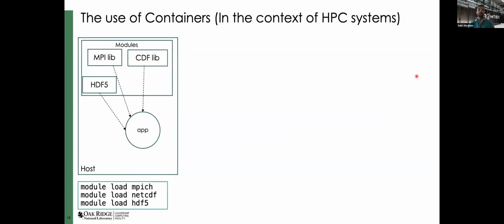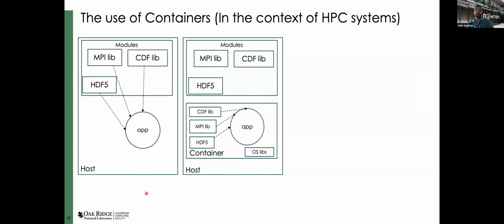Normally, if your HPC system has LMOD or something like that, you will module load MPICH and CDF, HDF5, whatever, and then you would build your application, which would link to those libraries because they are now visible on the LD library path or the library search path.